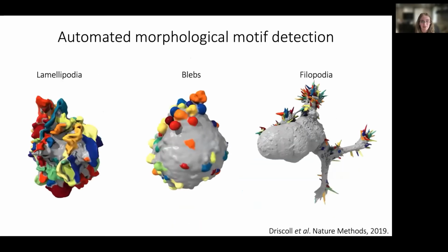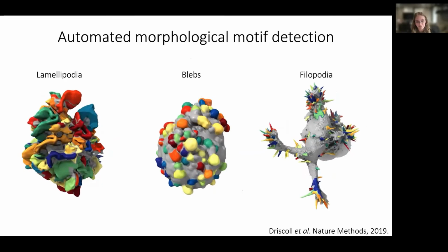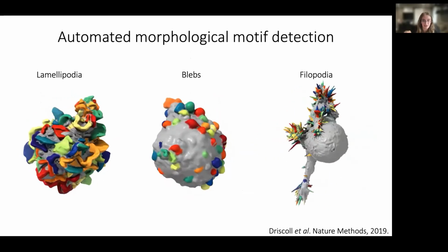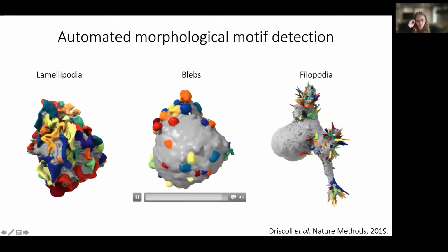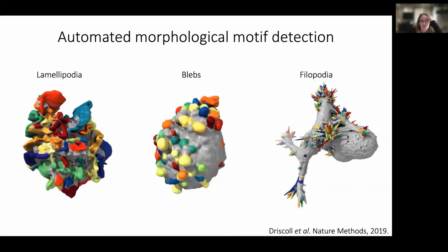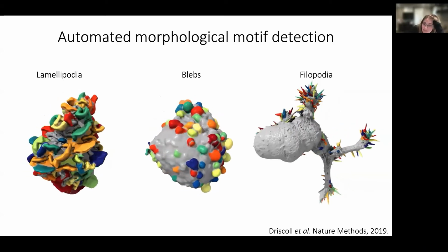So I built a morphological motif dissector to find stereotyped morphologies on the cell surface, right? So these are lamellipodia and blebs and filopodia. And since we know that there are many different types of these structures, I went to a summer school where we spent a whole hour just talking about the names of protrusions.